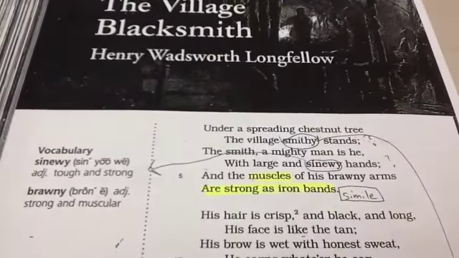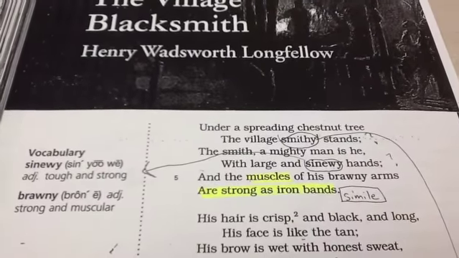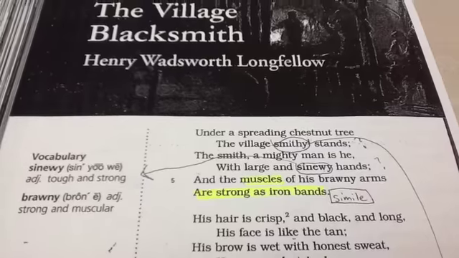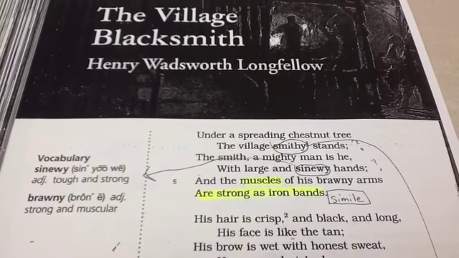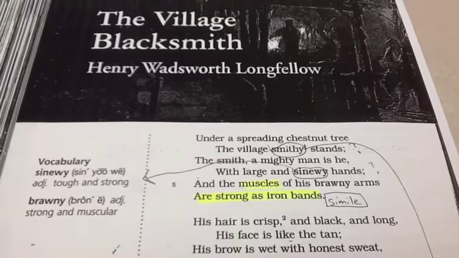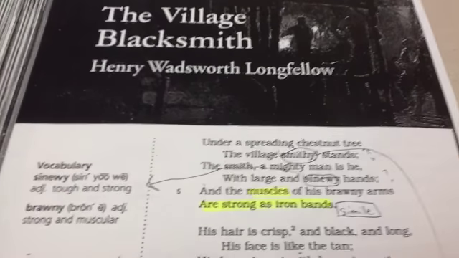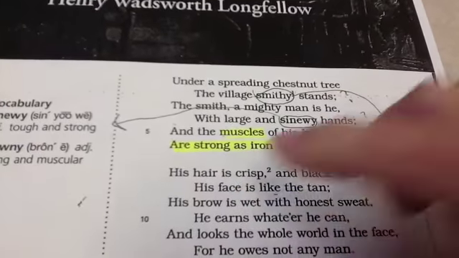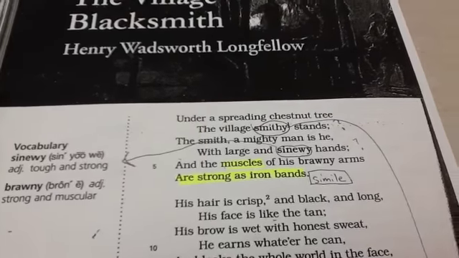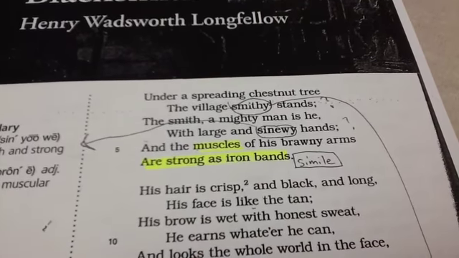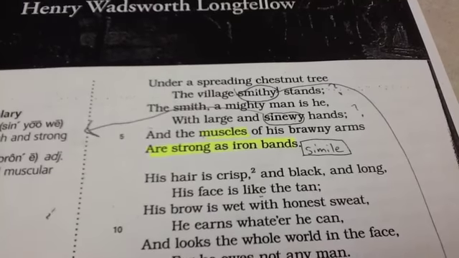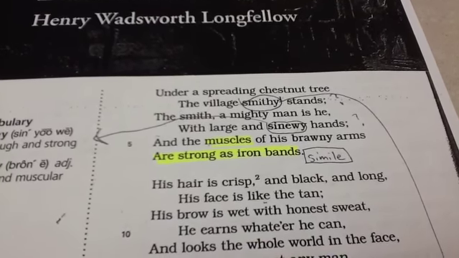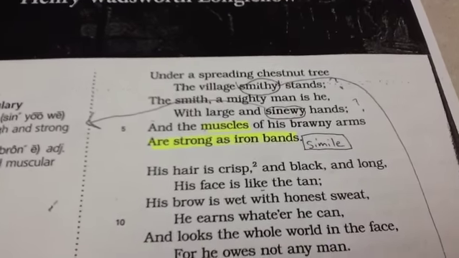So in this first stanza, his muscles are compared to iron bands, and the poet says the muscles of his brawny arms are strong as iron bands. Since the word as is used right there, I recognize that as a simile, so I went ahead and wrote that down just in case I need that in my answer. I just don't know. I just feel like it's important.